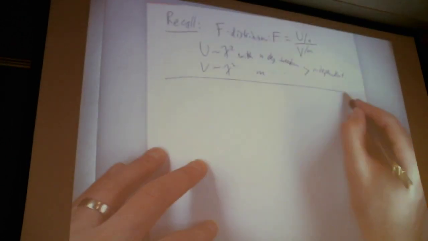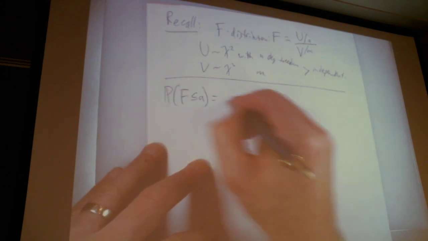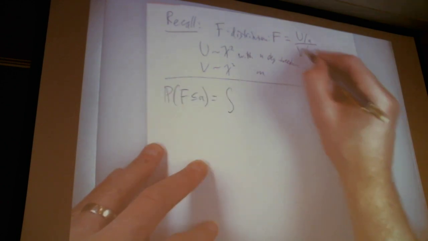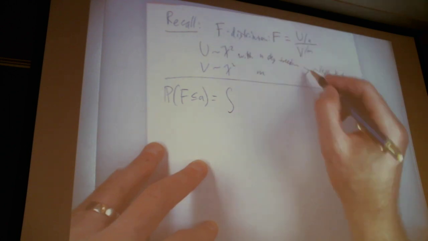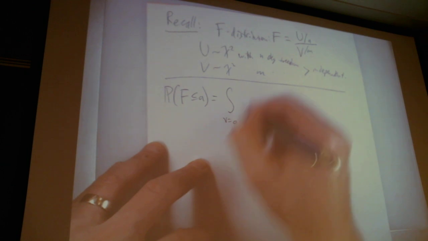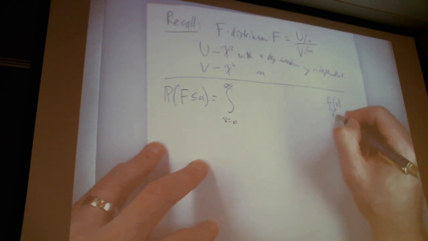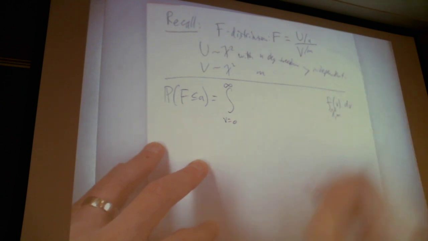Let's finish it. Okay? So again, let's do it. So we want to know what the probability is that f is at most a. That's the integral. So we're going to have two things, and we saw that it was more convenient to take the v variable. So v will go from 0 to infinity. There's an f chi squared of v with m degrees of freedom, dv.